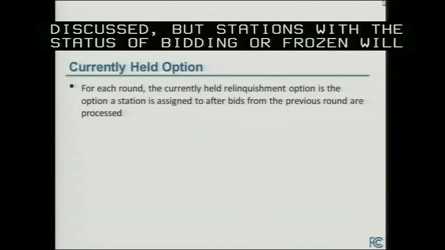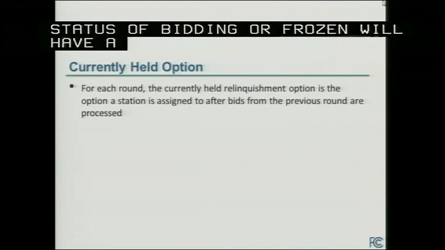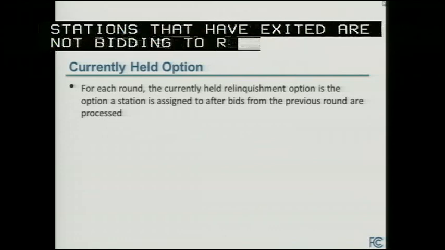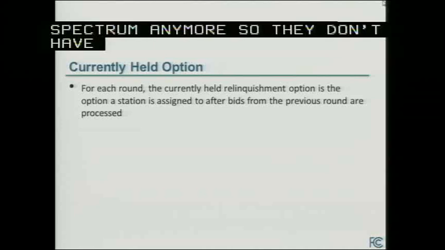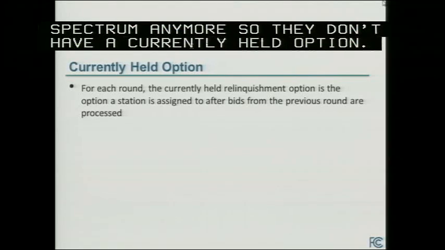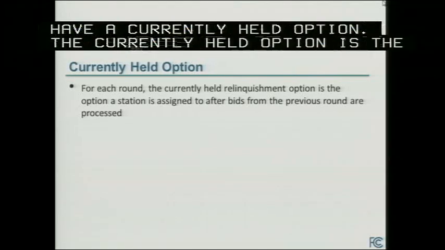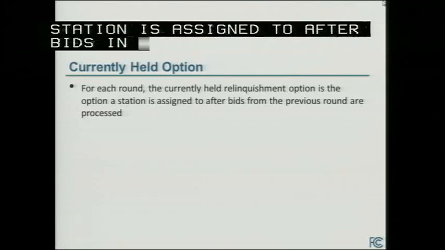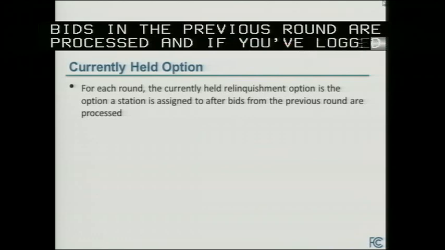Stations that have exited aren't bidding to relinquish spectrum anymore, so they don't have a currently held option. The currently held option is the relinquishment option a station is assigned to after bids from the previous round are processed. And if you've already logged into the preview period, the currently held option going into round 1 is referred to on the screen as the initial option.